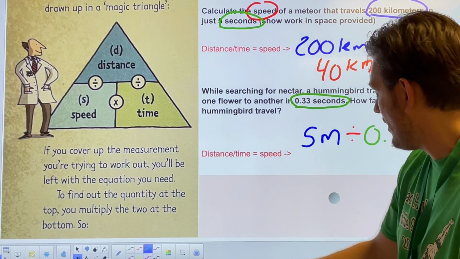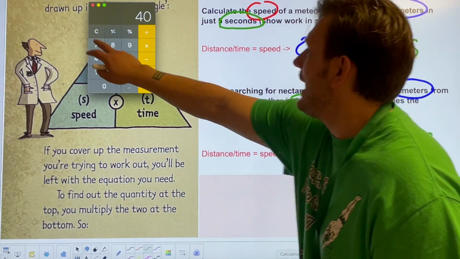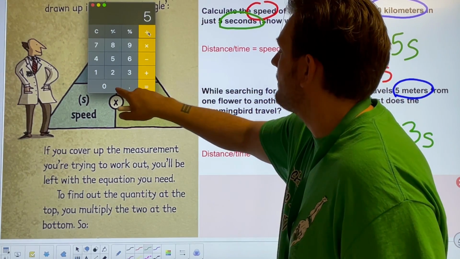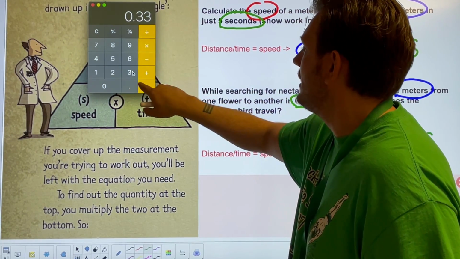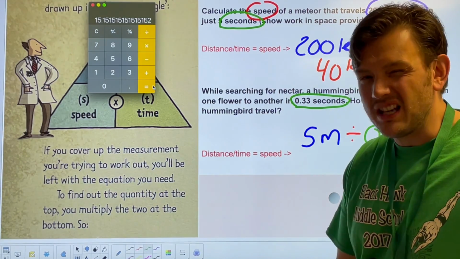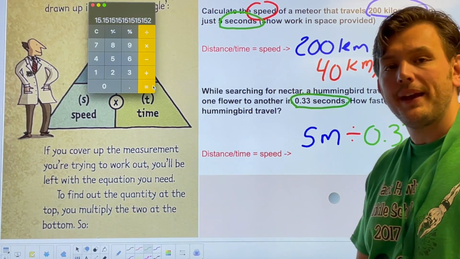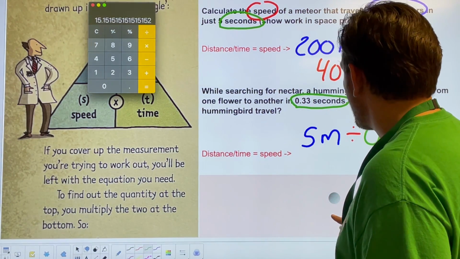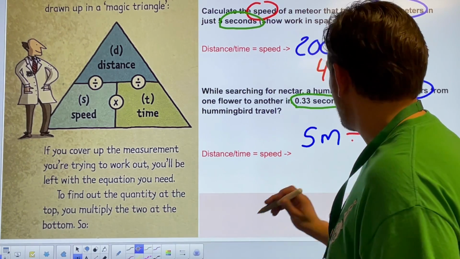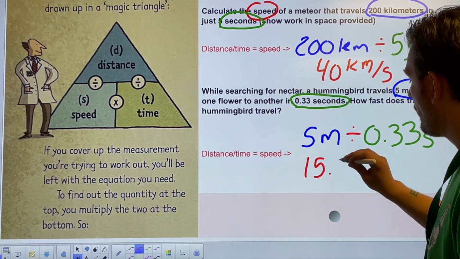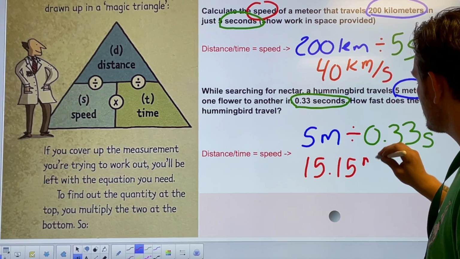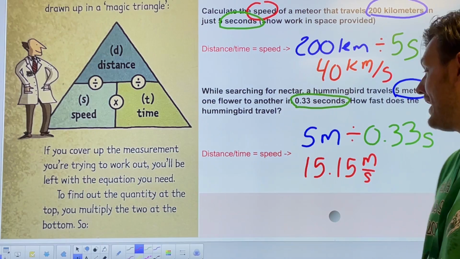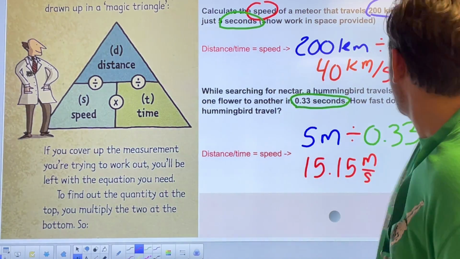So now I'm going to bring out my calculator again, and I'm going to go 5 divided by 0.33, and then boom. I have a continuing number, 15.15 continuing. I just want you to round to the nearest hundredth to get your answer down. So the hummingbird is traveling about 15.15 meters per second, okay? On average from one flower to the next. Hummingbirds go pretty fast, all right?